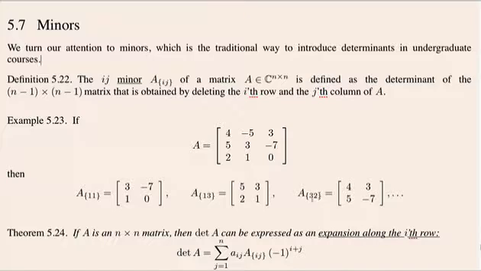And, for example, the 3, 2 minor, third row, second column, so we delete this column and this row, you end up with 4, 5, 3 minus 7, and so on. So these are just examples. Altogether we have 9 entries, and you can choose any of the 9.